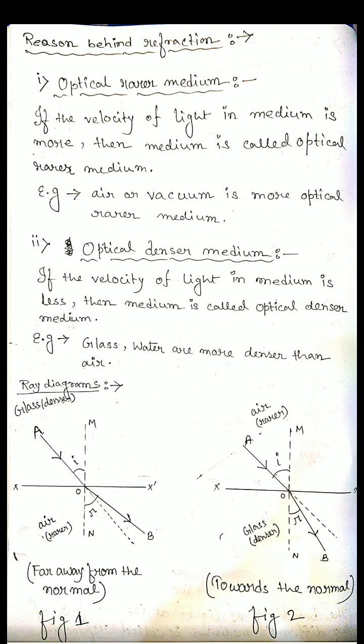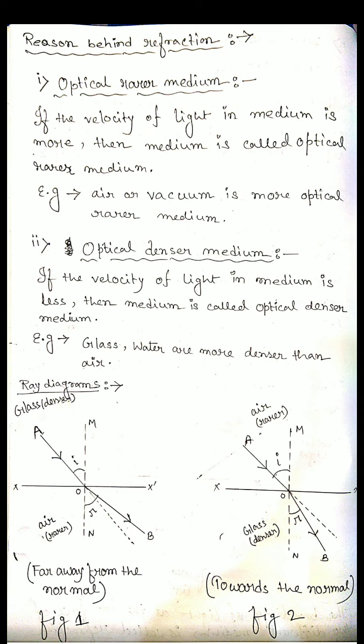In the case of air or vacuum, it is the most optically rarer medium. Why are air and vacuum called rarer mediums? Because in that medium the particles are very loosely bound together.